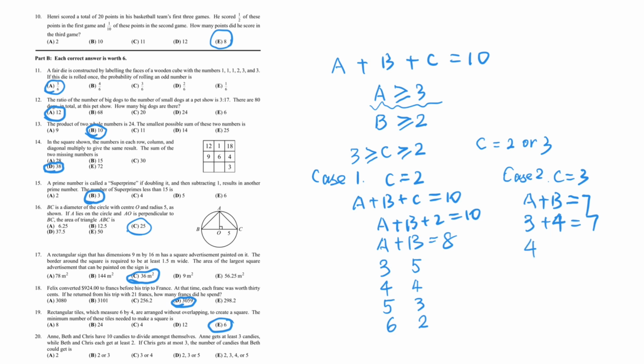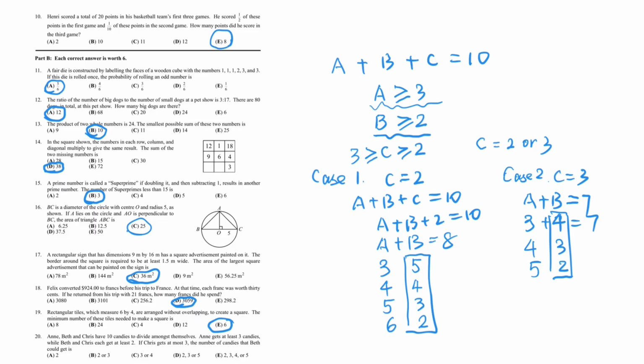A is 4, B is 3. A is 5, B is 2. Because B is greater than or equal to 2, we stop at B equals 2. So all the possible values of B are 2, 3, 4, 5.